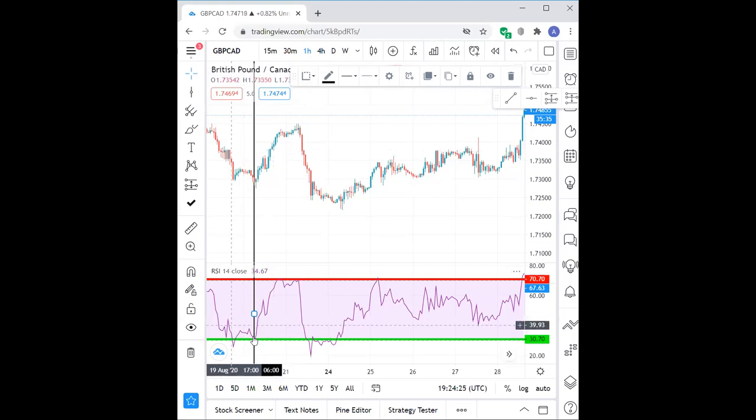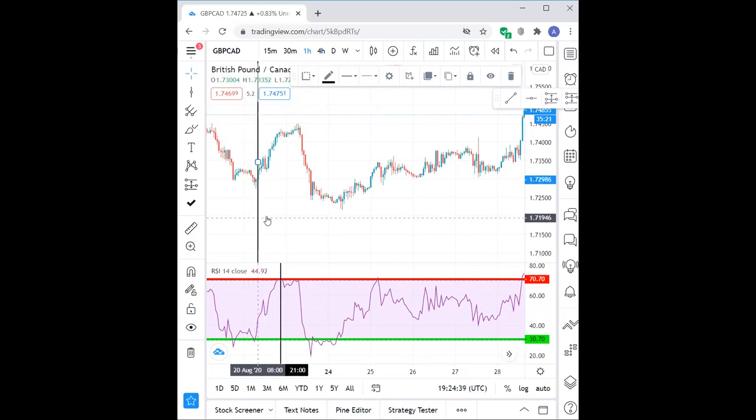It went for a buy, went up, and then it hit the 70 level, which indicates it's overbought. You can drag it here like this, and then check for confirmation.